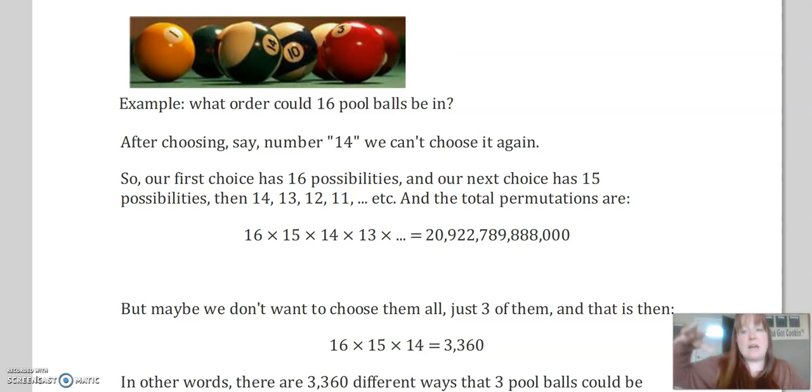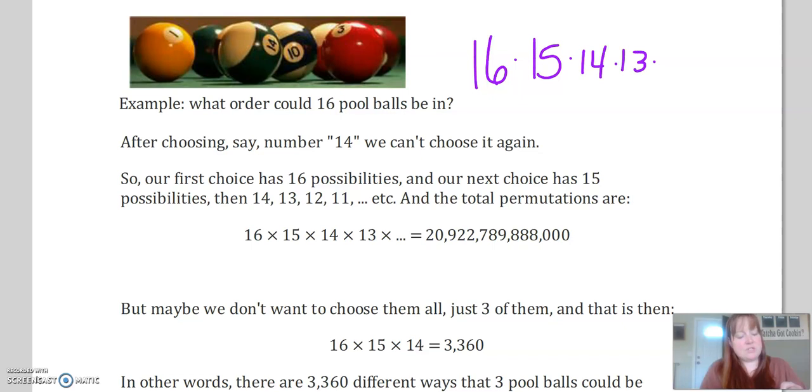So the first time, if I have them all in a big cloth bag and I reach in and grab one out, how many different options could I possibly pull out? Well, I could possibly pick 16 different options, right? And then once I've pulled that out and set it on the pool table and I reach back in, how many options do I have now? Well, I have 15 options now, right? And I set that on the pool table and I reach back in and now I have 14 options.